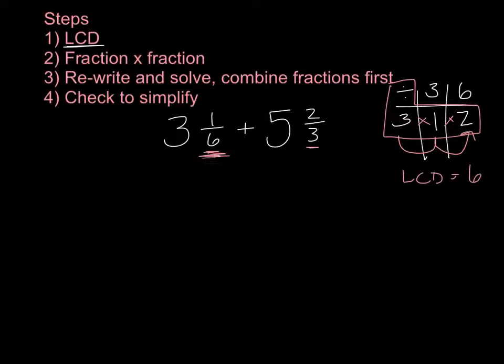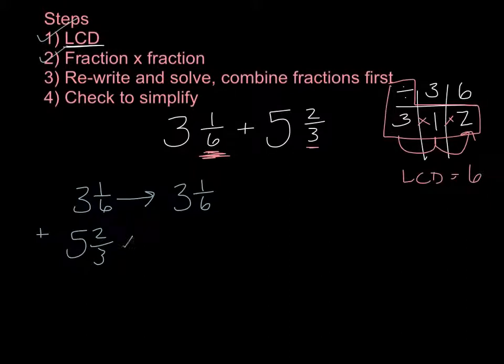I see that 3 and 1/6 already has 6 as its denominator. So when I go to write this problem, 3 and 1/6 does not need to change. But 5 2/3, I need to do step 2 and do a fraction times fraction equals fraction. I'm going to go ahead and bring 5 down here because 5 should not change.